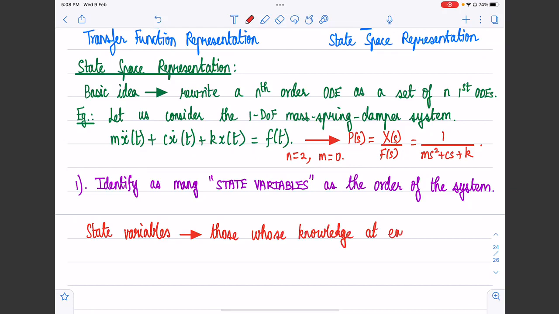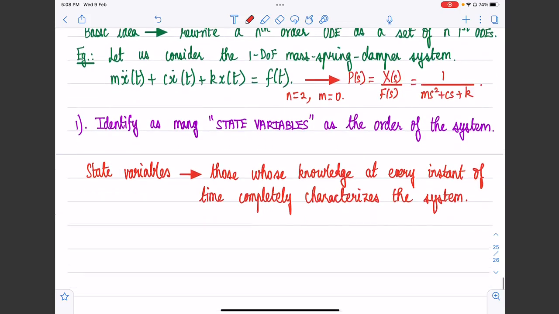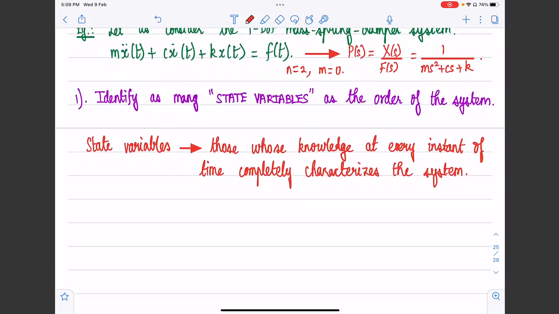So those variables are called state variables. The first step is that we need to identify as many state variables as the order of the system. So in this example, n is 2, so we choose 2 state variables.